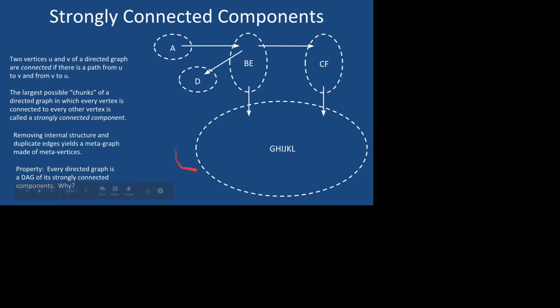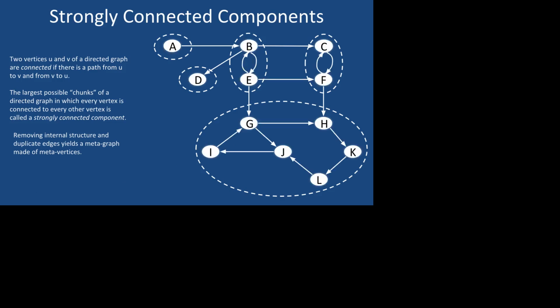So if City Hall is in this chunk here of the metagraph, then in the original graph, let's say J is City Hall, no matter where you start from, you can't exit the sink, right? There's no way to get out of it. You end up back in J. Or if City Hall is D, the claim is true. If the City Hall is not in a sink, the claim is not true.